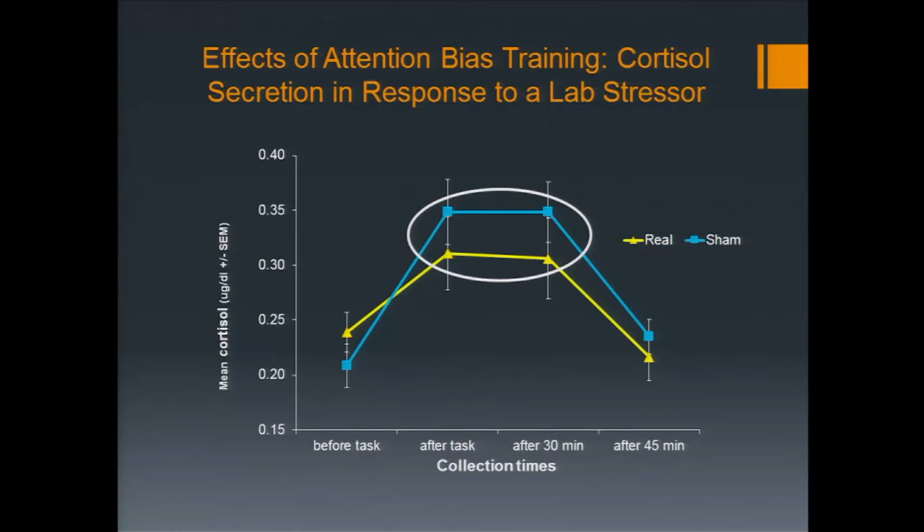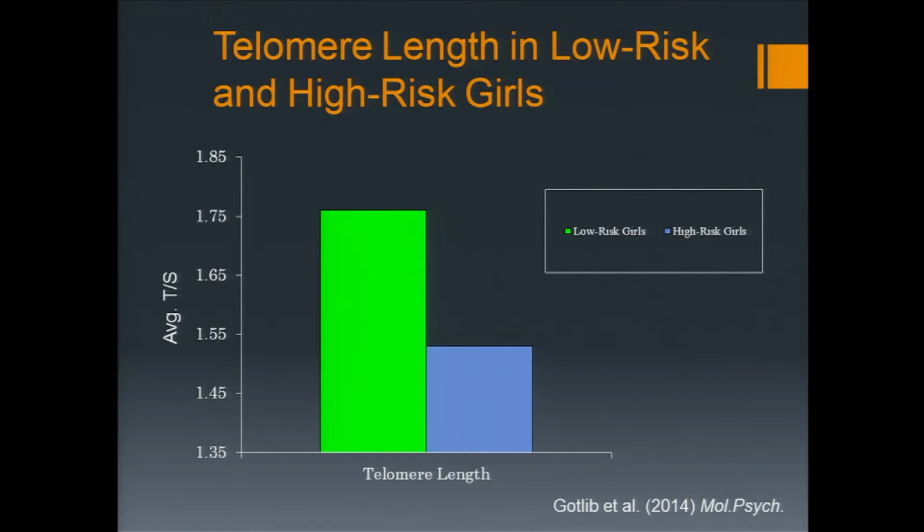So telomeres first found in caretakers of Alzheimer's patients, who have high levels of stress. Shorter telomeres are linked to greater stress. But these are 12-year-old girls, and yet these daughters of depressed mothers have shorter telomeres at 12 years of age than daughters of non-depressed mothers.